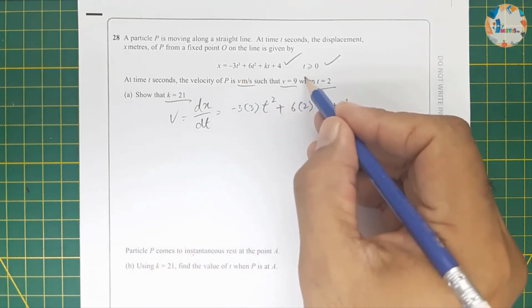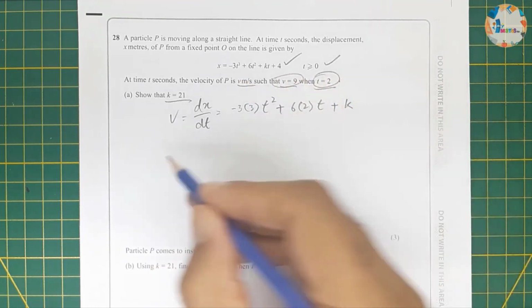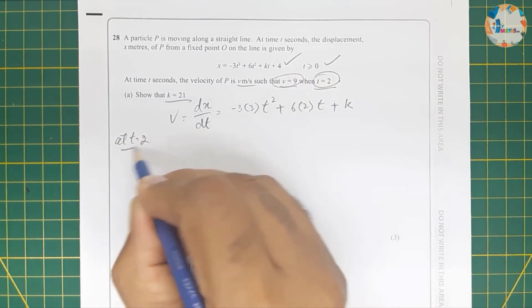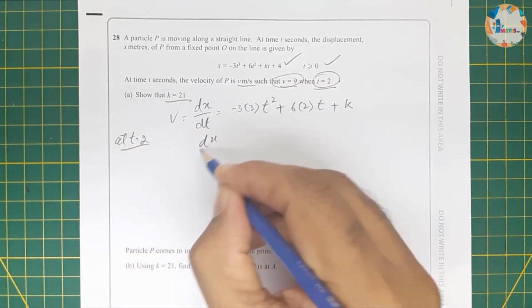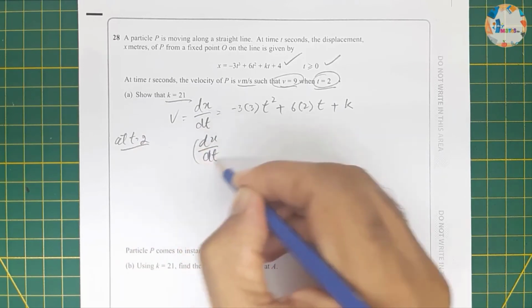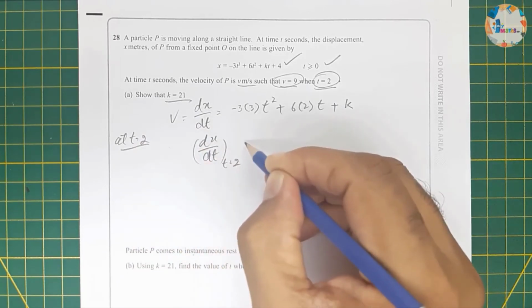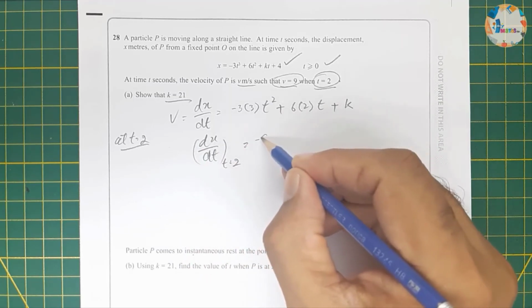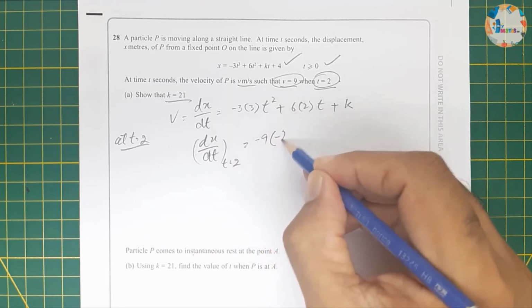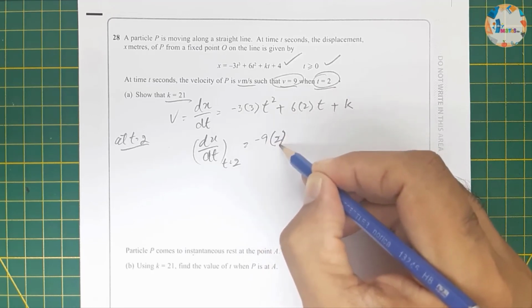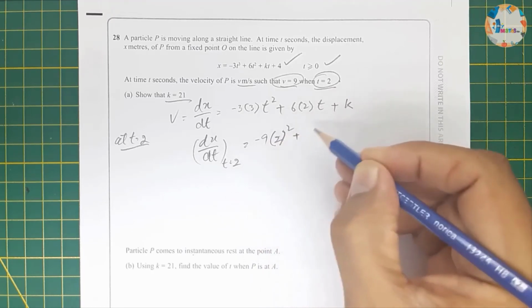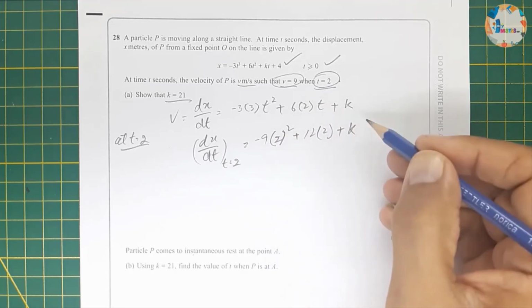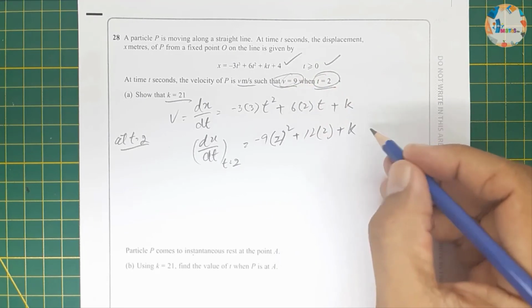At t is equal to 2, dx by dt at t equal to 2 will be minus 9 into 2 squared plus 12 into 2 plus k, and they are saying it is equal to 9.